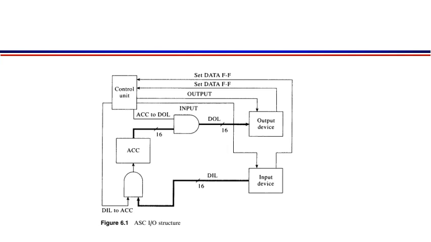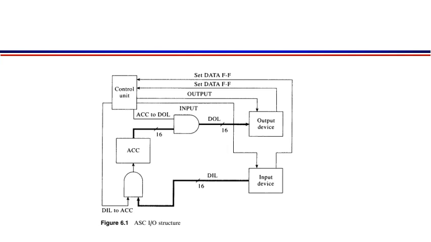So there are different control signals which are generated from the control unit. One is the input control signal and the other is the output control signal. When the input device is used for the input data transfer, this input signal from the control unit will be generated and will be given to the input device.